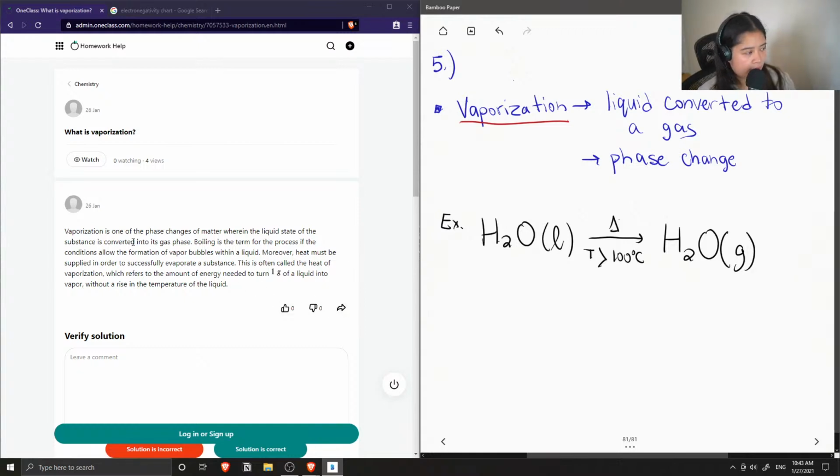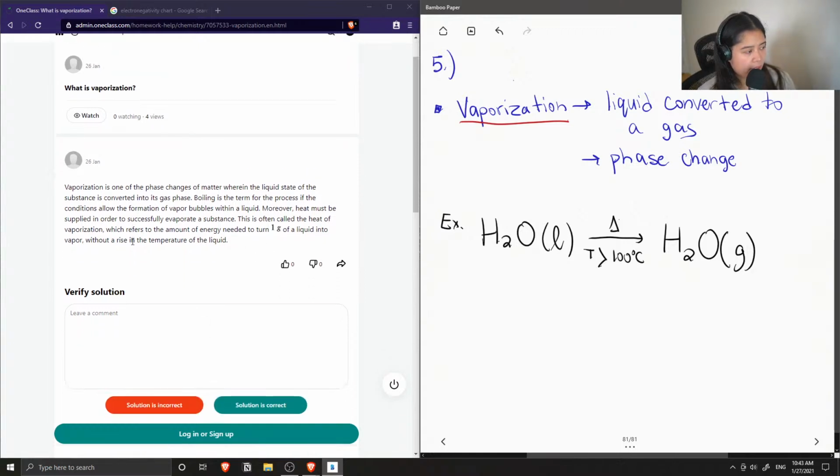So the junior tutor said that vaporization is one of the phase changes of matter wherein the liquid state of the substance is converted into its gas phase. Boiling is the term for the process if the conditions allow the formation of vapor bubbles within a liquid. So this is when you heat up a pot of water on the stove and you start to see the bubbles form, then you know that your water is boiling.